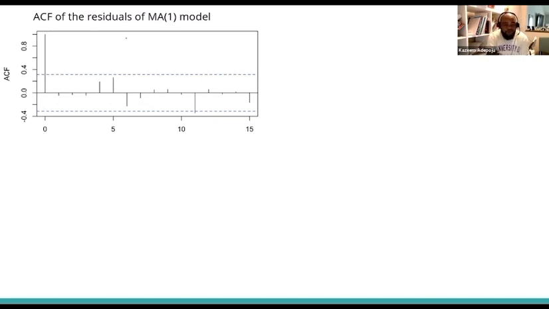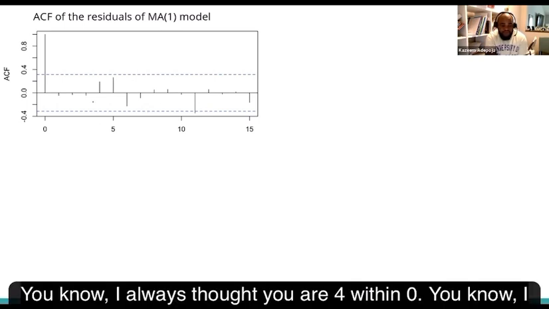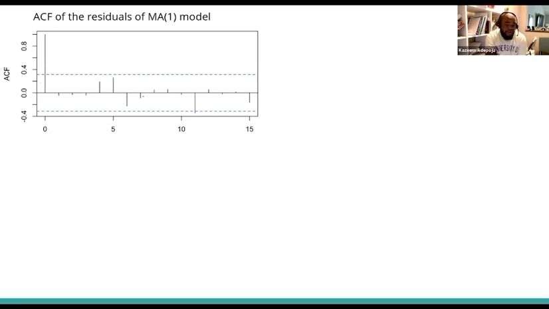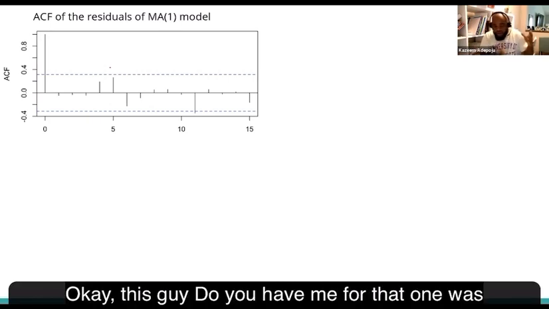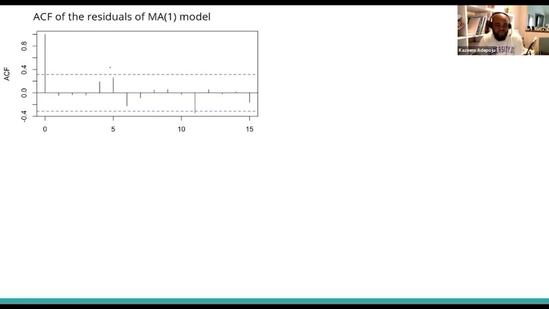For the MA1, you see they all fall within. I told you the other time, lag 0 is always going to be 1; it doesn't really matter. So this is telling me MA of order 1 is appropriate. The MA of order 1 was suggested initially, and we have validated it now using the autocorrelation function plot of the residual.